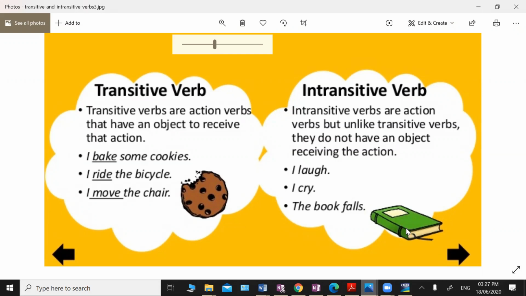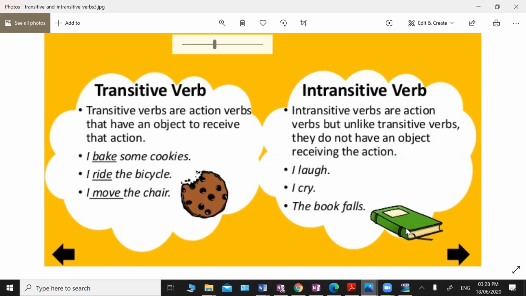I ride a bicycle. I move the chair. Like I say, I ride what? I move what? So these verbs need the object. These are transitive verbs. But intransitive verbs really don't need the object. Intransitive verbs are action verbs, but unlike transitive verbs, they do not have an object receiving the action.